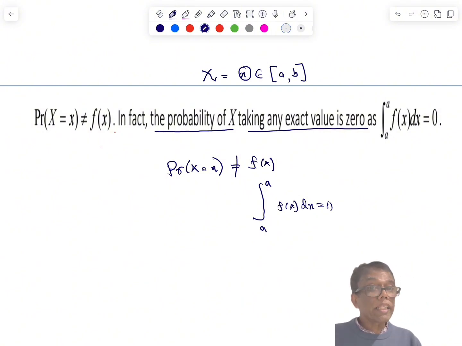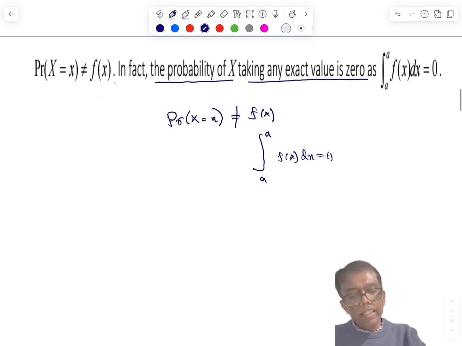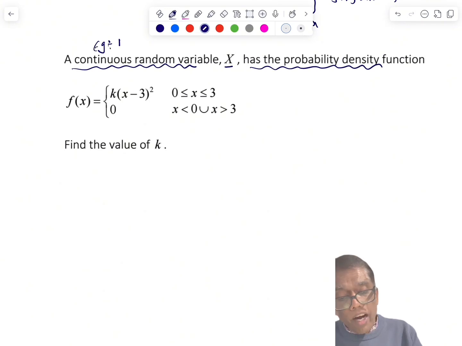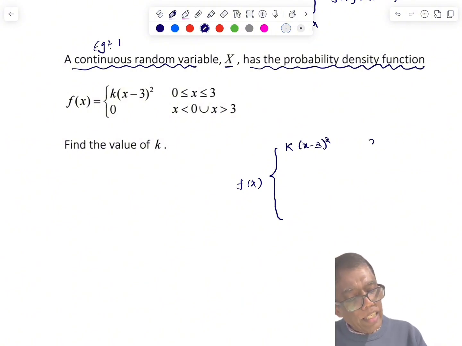Now we will consider some examples. Example 1. A continuous random variable capital X has the probability density function f of x given by k times (x minus 3) squared, where x is between 0 and 3, otherwise it is 0.